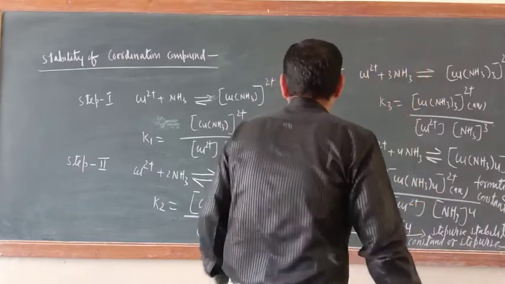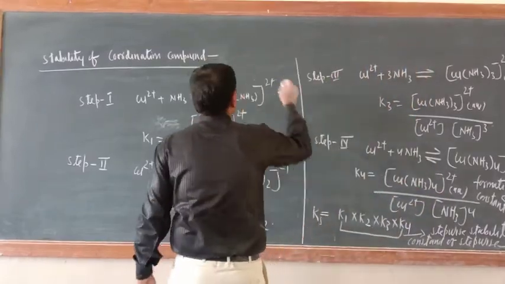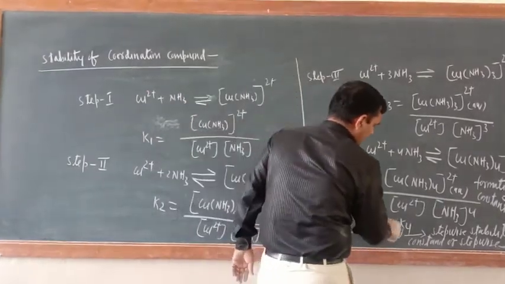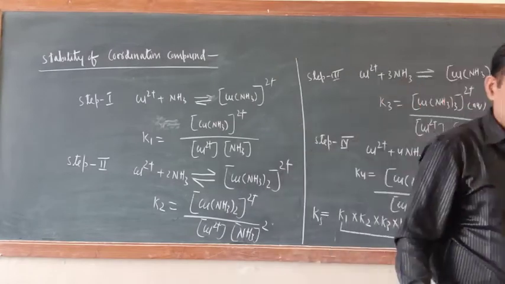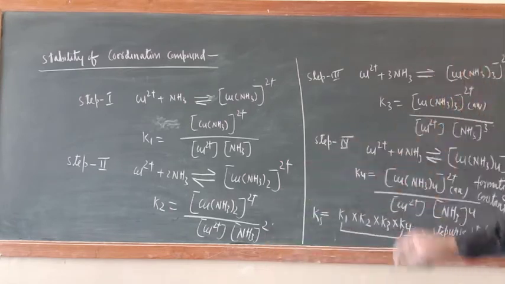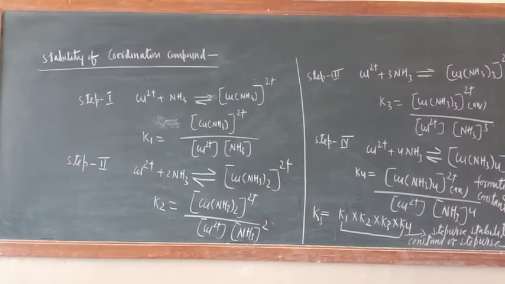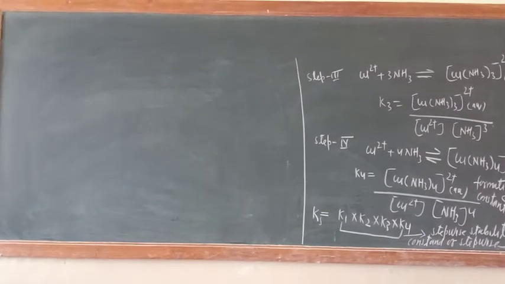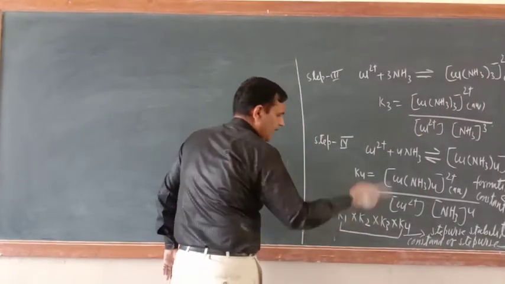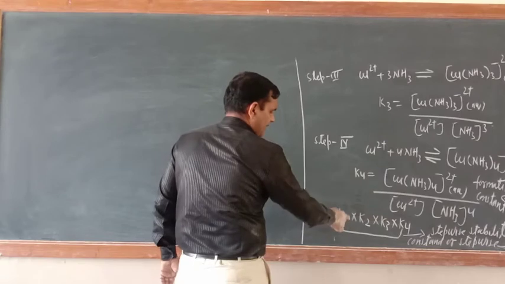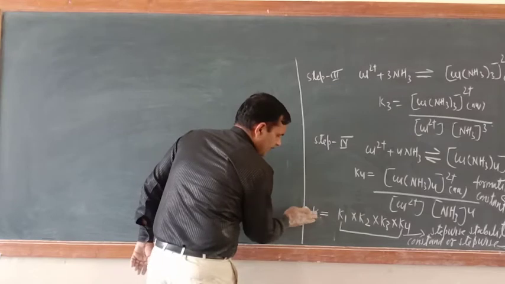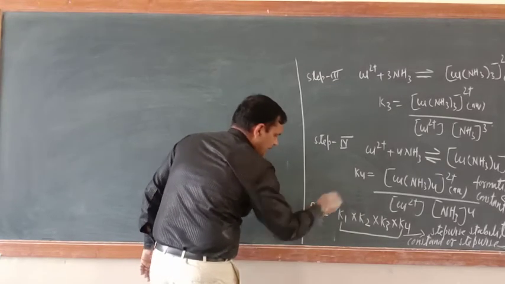Now you can take log also. Just see, K1 K2 K3 K4 equal to a new constant that is also known as beta. Just a minute, I will rub this side, then we'll explain. So earlier this overall constant Ks depends upon the stepwise stability constants. Now we will write the new constant, that is beta.